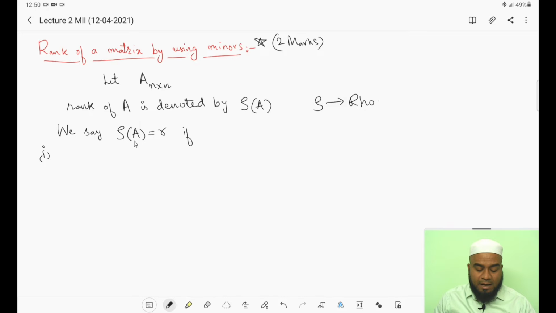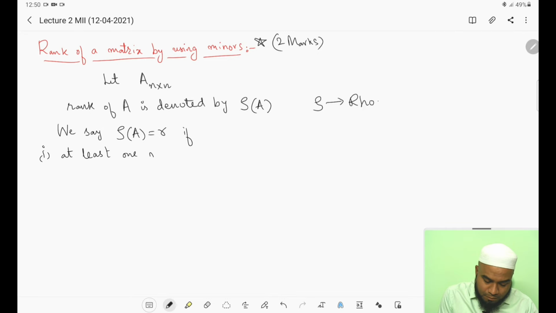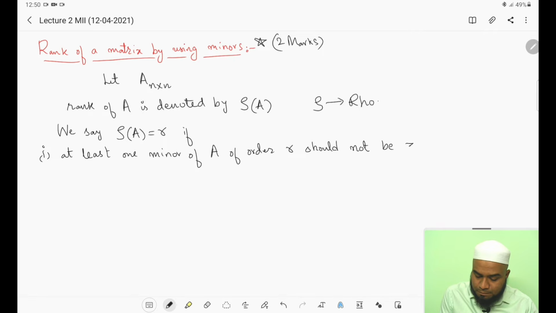We say that rank of a matrix A is r if at least one minor of A of order r should not be 0. This is the first condition.